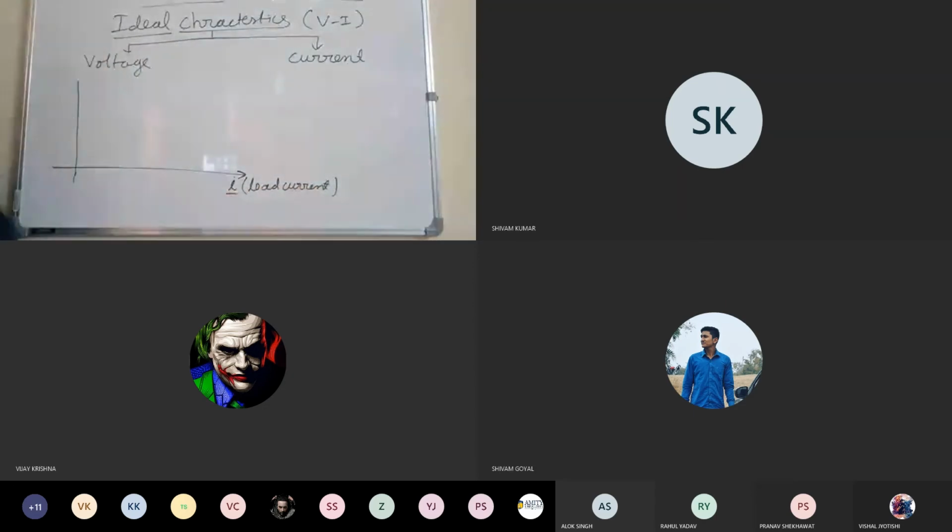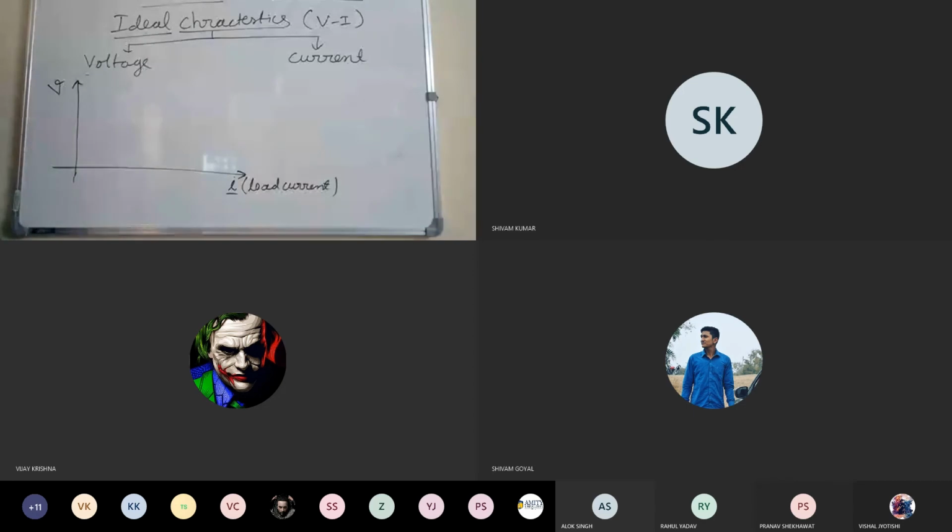I is my output current, the load current, and this is my voltage, the voltage source's output voltage, how much voltage the source is generating. So this is my dependent parameter. But right now, if I talk about ideal, it means my voltage source will not depend on any other parameter, any load.